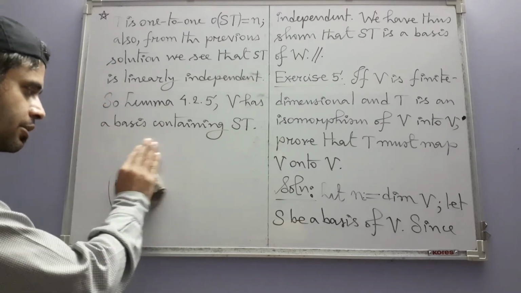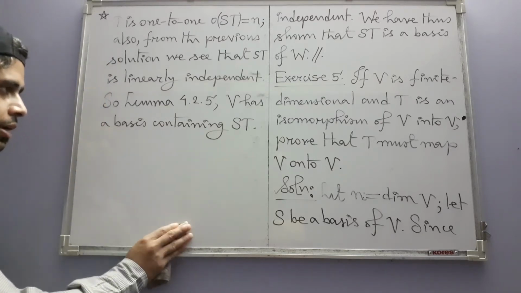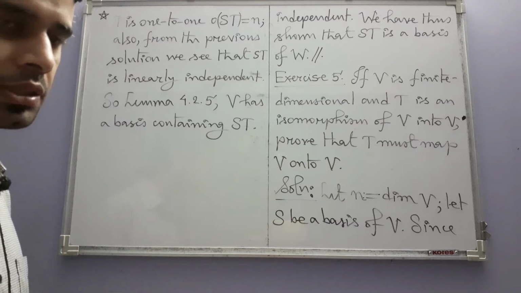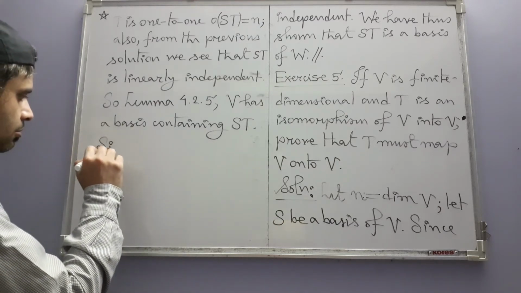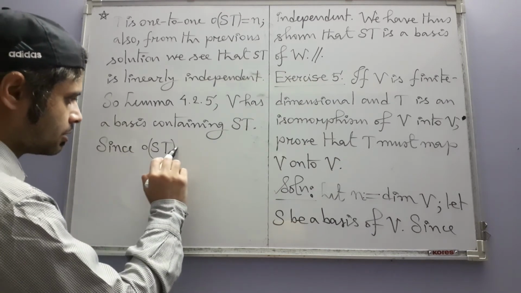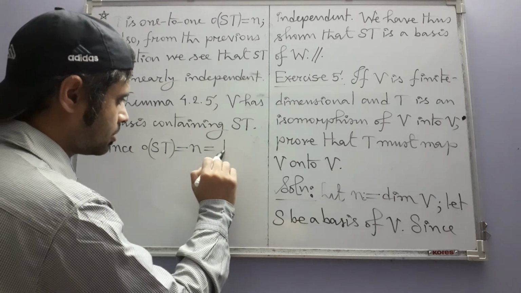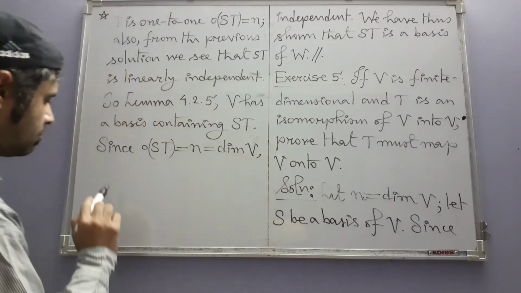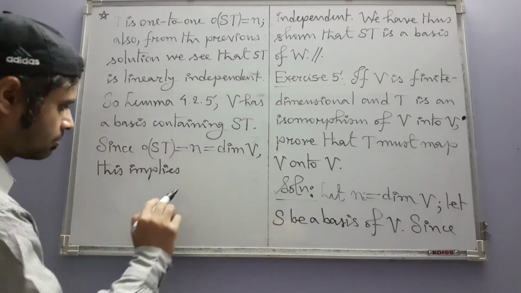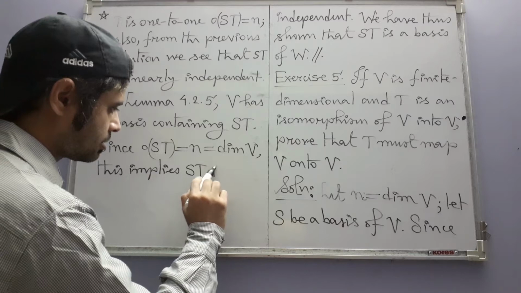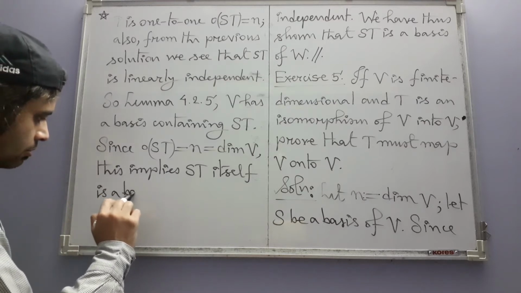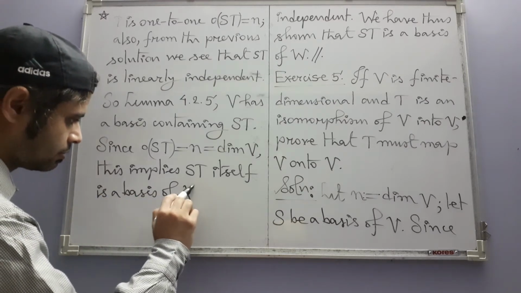Because the dimension of the vector space itself is n and ST already has n vectors, there is no need to bring in some extra vectors from outside of ST. Since the order of ST is equal to n, which is equal to the dimension of V, this implies ST itself is a basis of V.